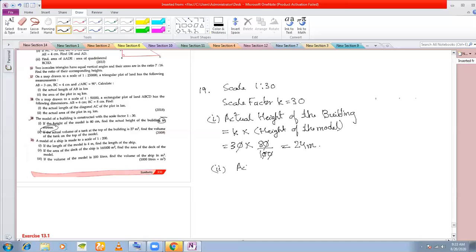The actual volume is equal to K cube into volume of the model. Volume of the tank model.